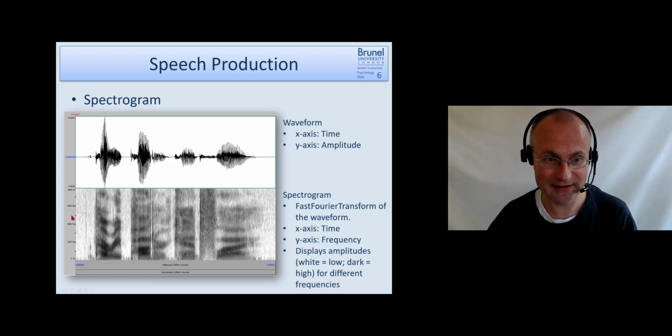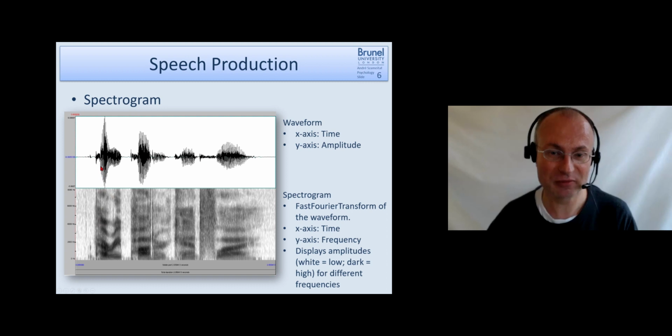On the y-axis we have the frequency. So down here we have low frequencies, and up here we have high frequencies. And the color now, or the shading, shows how much energy there is. On the previous graph, where we said we have these peaks, how high the peak is.